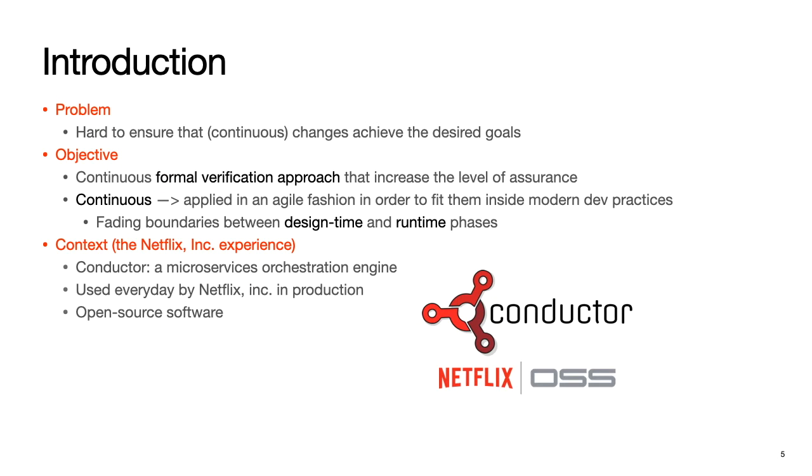So our approach is to introduce a continuous verification approach that should fit into modern agile development practices, covering both design time and runtime stages of the development process, by emphasizing the boundary between these two phases, design time verification and runtime verification.